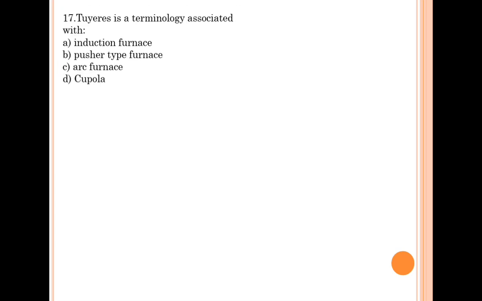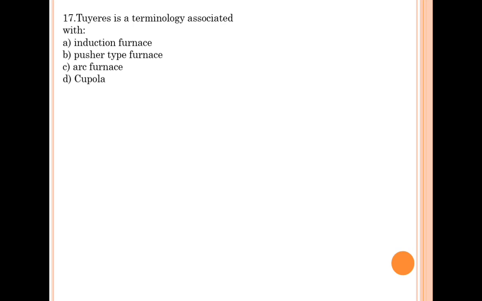Question 17. TOER is a terminology associated with. The answer should be cupola, because TOER is the section where supply of blast air is happening to make the combustion rapid.